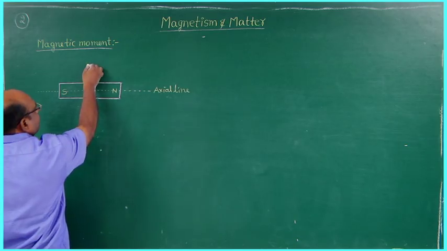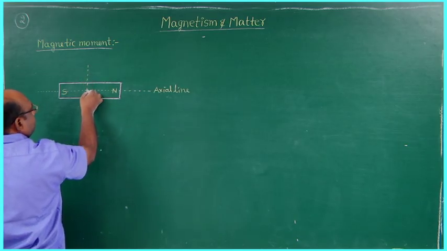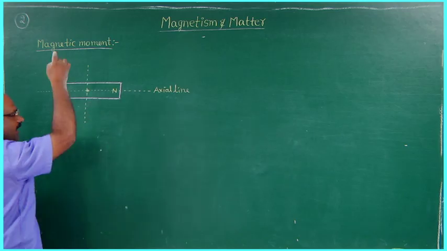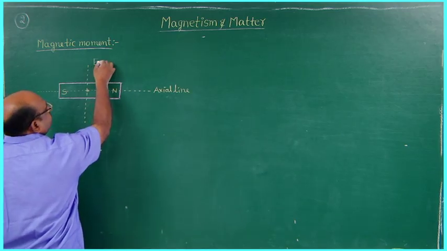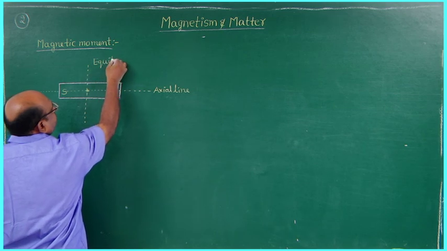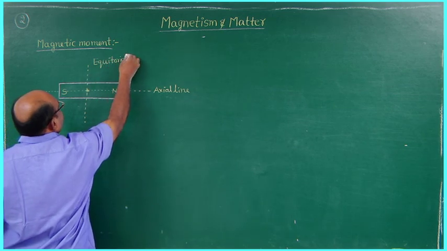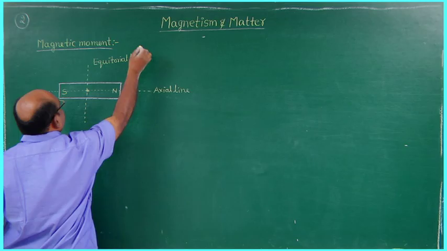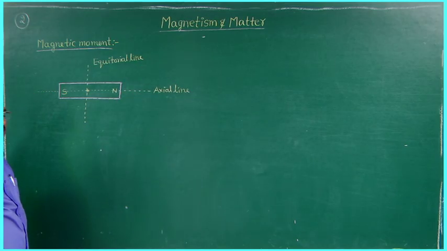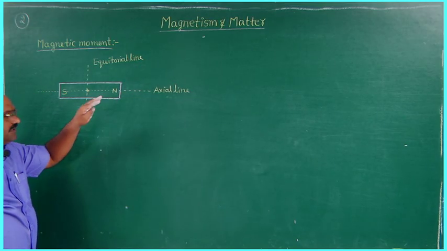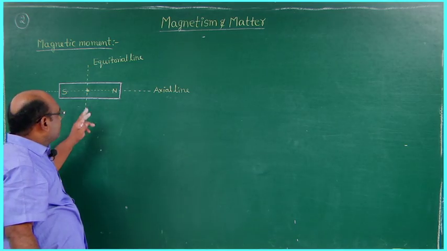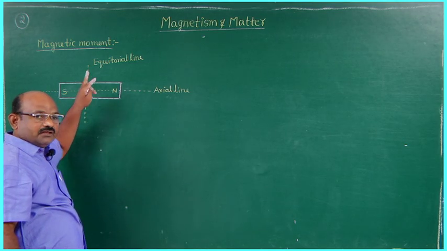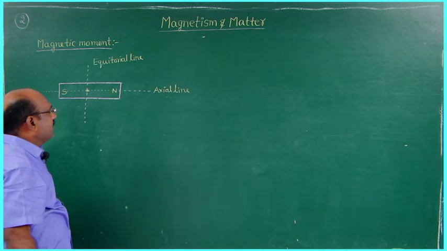The line which is passing through the center and perpendicular to the axial line is said to be the equatorial line. So, the line passing through the center parallel to the length is the axial line, and the line passing through the center perpendicular to the axial line is the equatorial line.